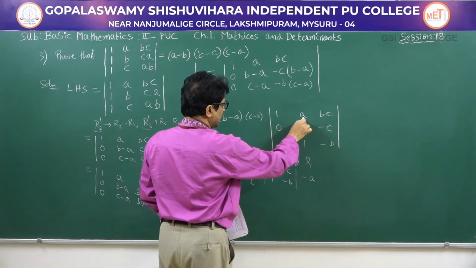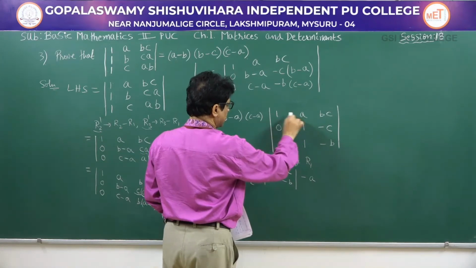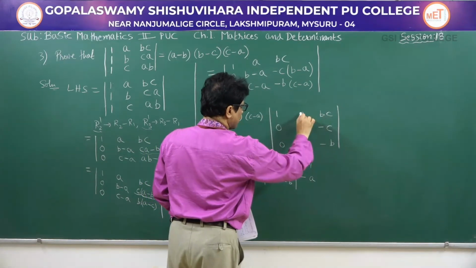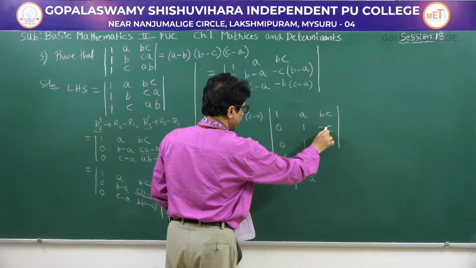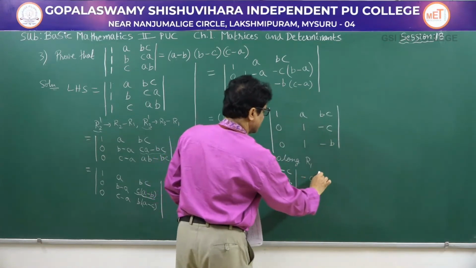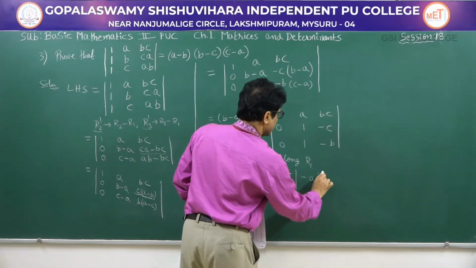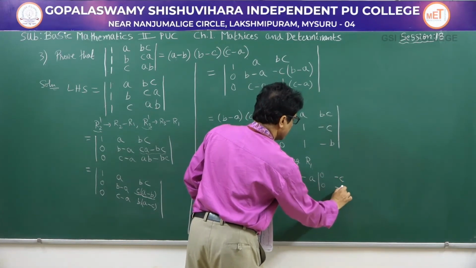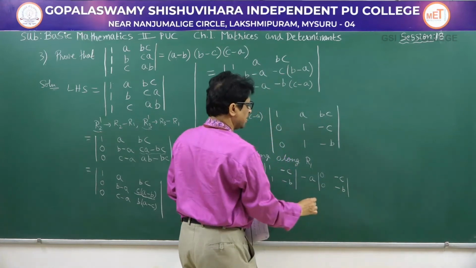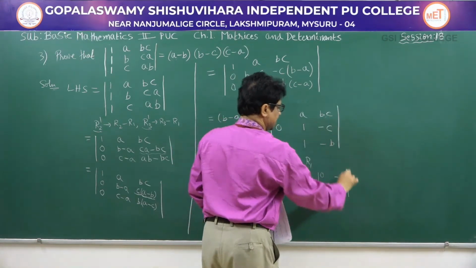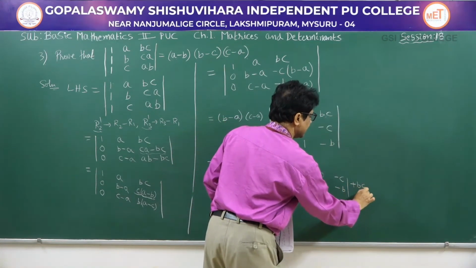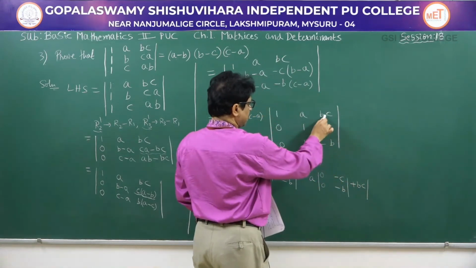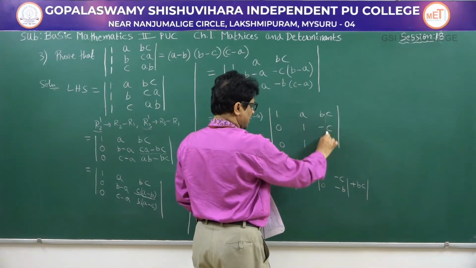Minus A, so A lies in the first row and second column. So we eliminate the first row and second column and take the determinant of the remaining elements. That is minus A into determinant of 0 minus C, 0 minus B. Next element of R3 is BC plus BC into, so here BC lies in the first row and third column.